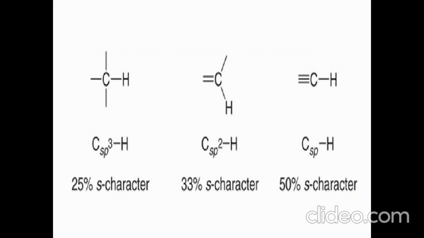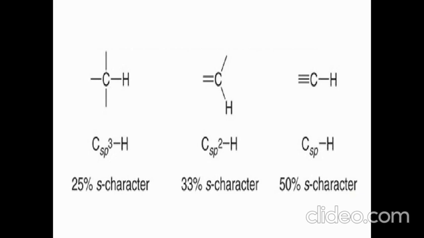We know that the stronger the bond, the higher the percentage of S character, because the S orbital is closer to the nucleus, so it has more control, more attraction over the nucleus. So the percentage of S character is directly proportional to the strength of the bond, and in turn the strength of the bond is directly proportional to the force constant.